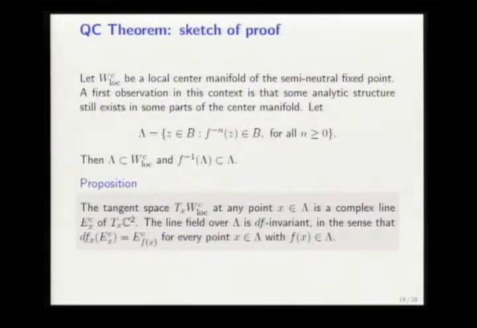And the first observation is that the tangent space is in fact a complex line. The tangent space at a point x belonging to this set Lambda is in fact an invariant complex line. So this is already interesting. So Lambda more or less is analytic, whatever that means, because Lambda could be a set of lines.